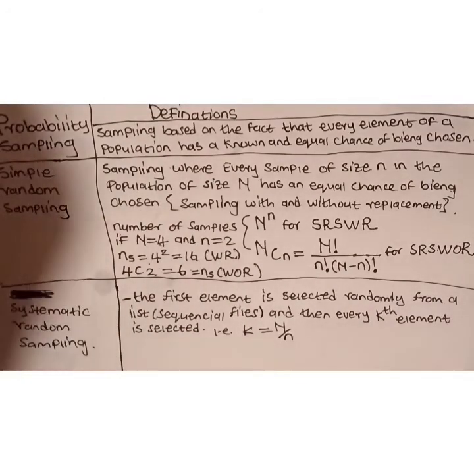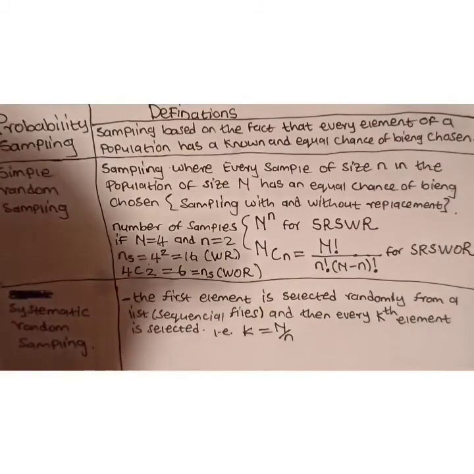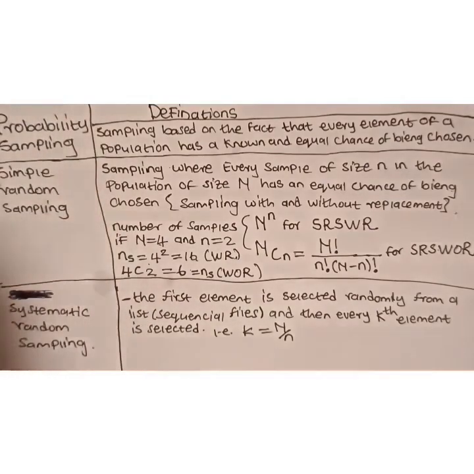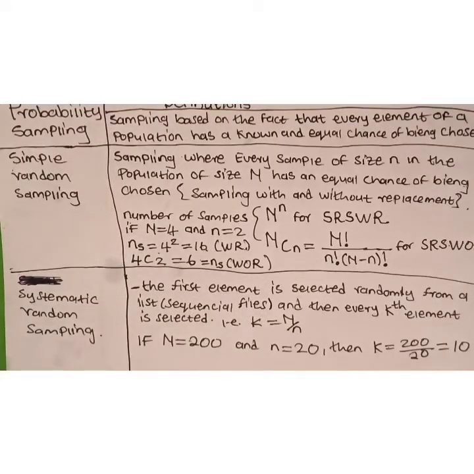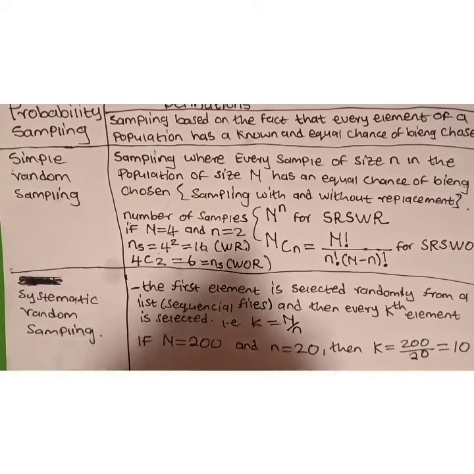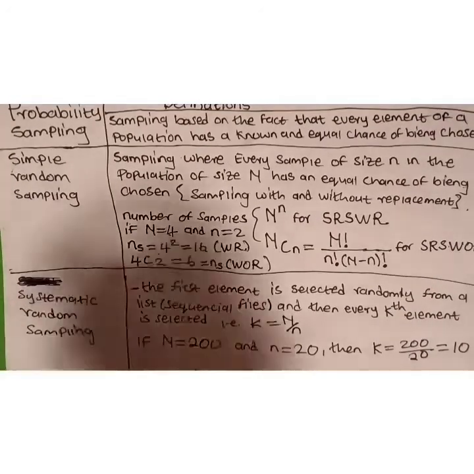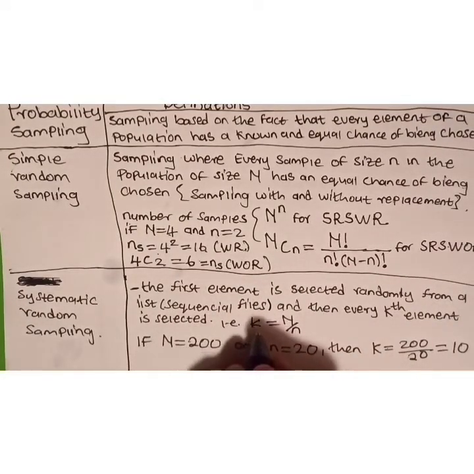An example: suppose we have a population of 200. We want to select a sample size of 20 individuals. So our interval will be 10, since it is given by 200 over 20. So we can start at any point, but within the first 10 individuals, as long as we're starting within the interval of 10.